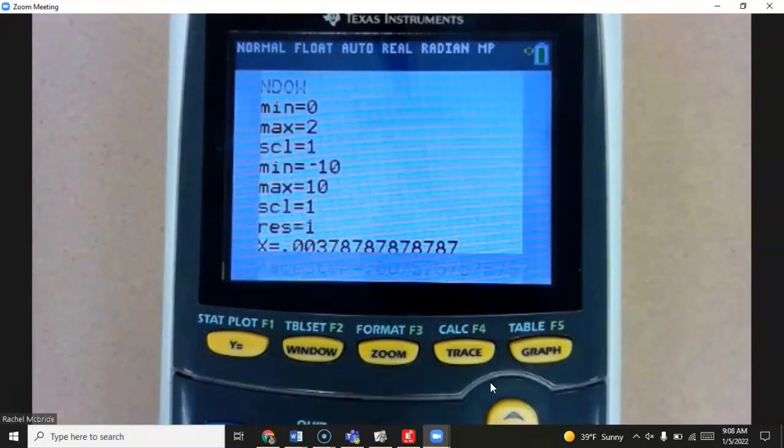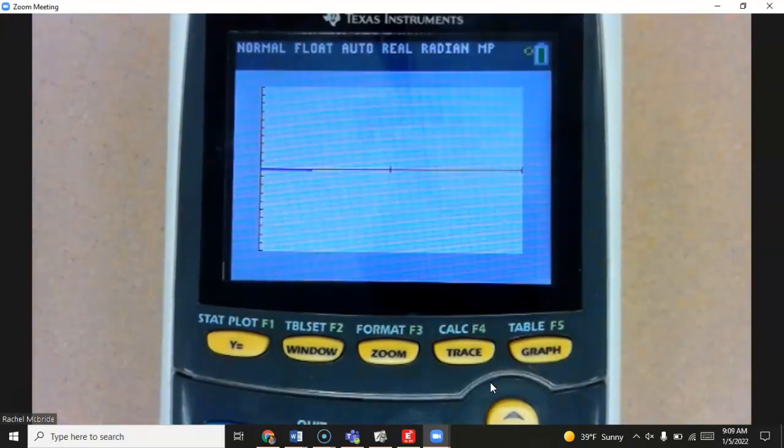Now graph. It says find the open intervals when the bug is moving to the right. Moving to the right is the same as moving forward, or understanding when the velocity is positive.